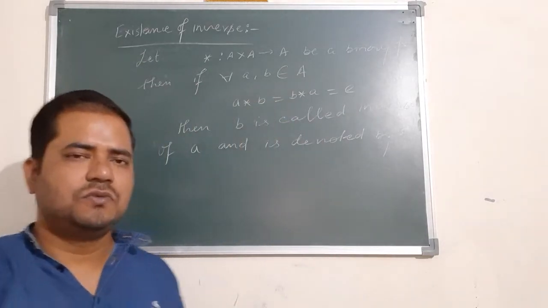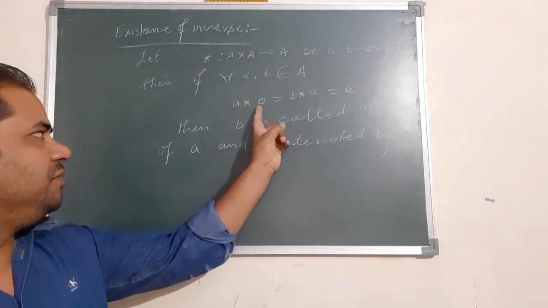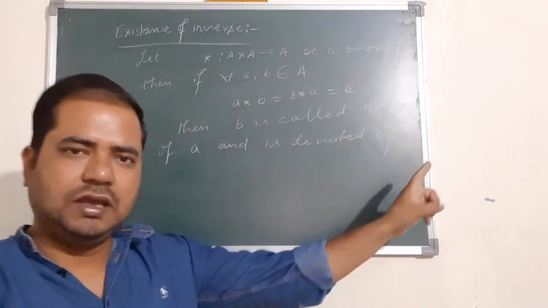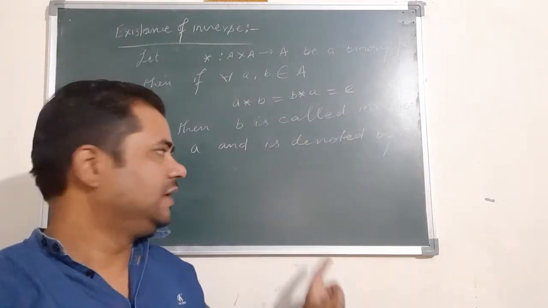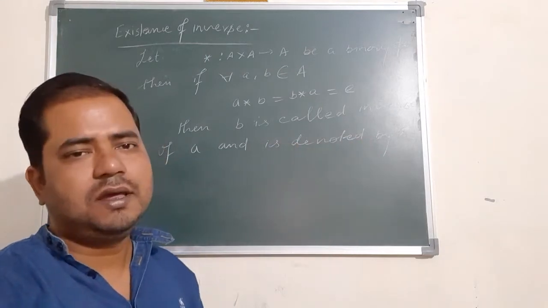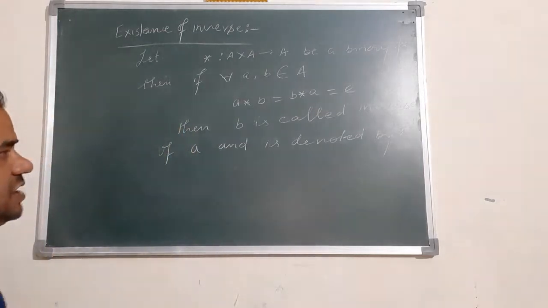So b is said to be the inverse of a if a star b is equal to b star a is equal to e, that means the identity element. Then b is called the inverse of a and it is denoted by a inverse. Understood? Now see the example.